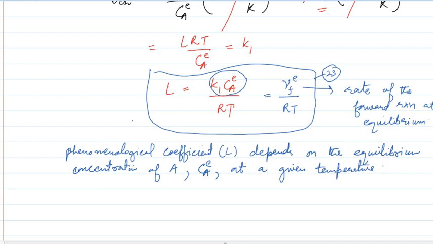So this relation basically verifies the Onsager relationship. Okay, thank you.